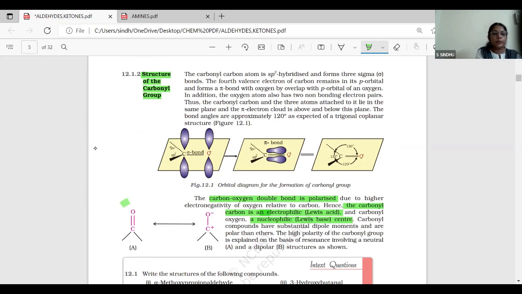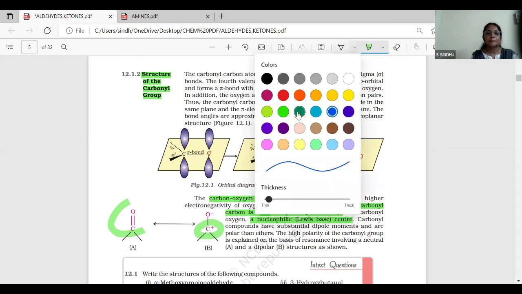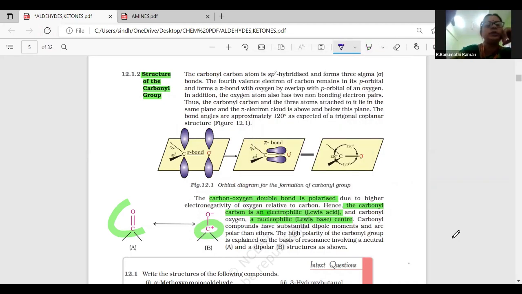So in the carbonyl group, due to the difference in electronegativity of C and O, we have C plus and O minus. So carbonyl compounds show nucleophilic addition reactions. The reason for that is basically the formation of that C plus and O minus. Because of the electronegativity and the pi electron shift onto the oxygen, we have the carbonyl carbon as an electrophilic center.